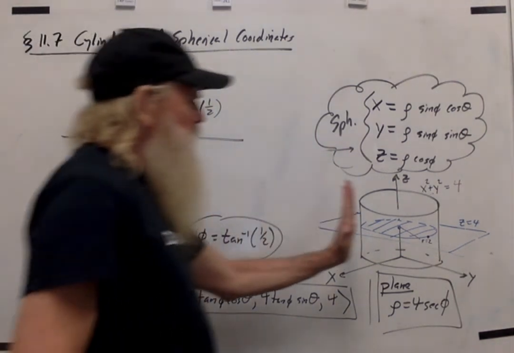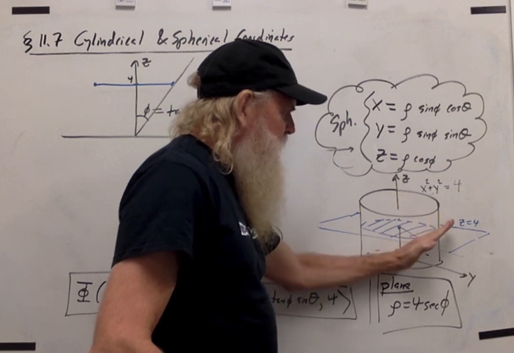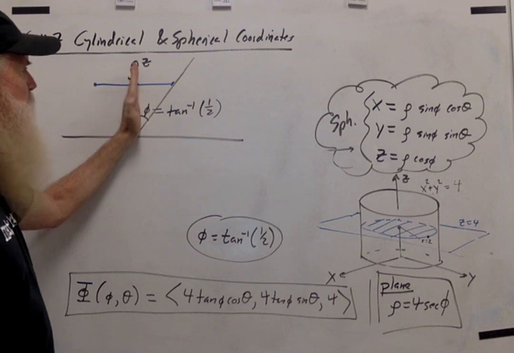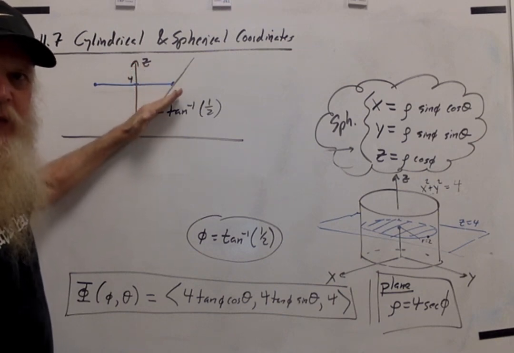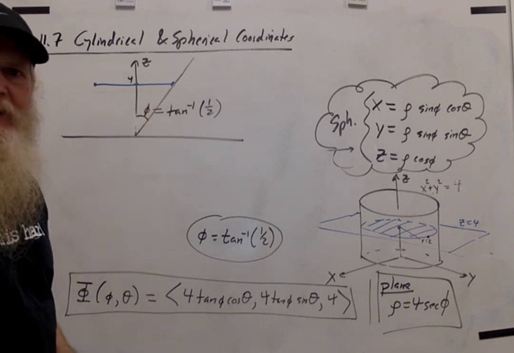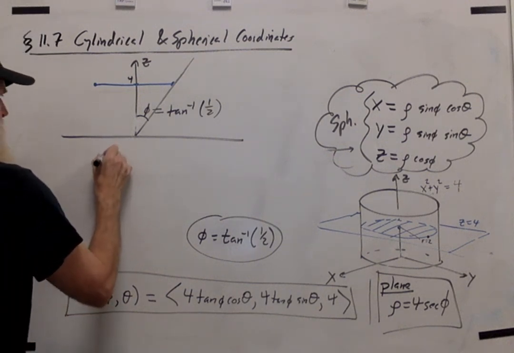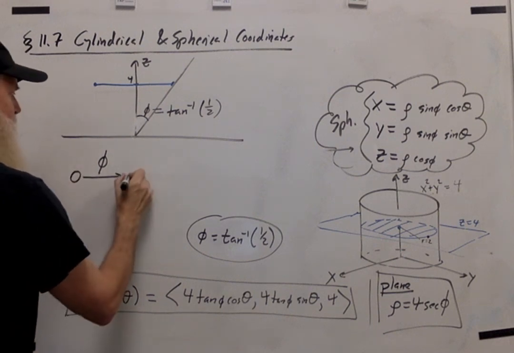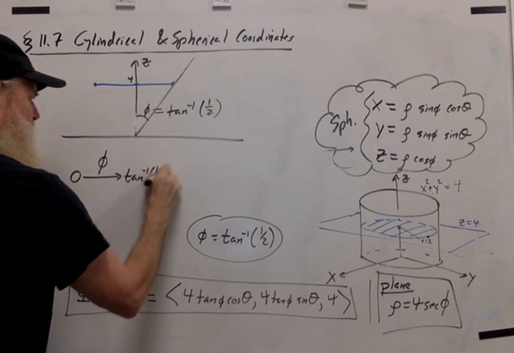So if I want to start out on the z-axis and then lean outwards until I get to the edge of the disk, then that's going to correspond with starting at phi equals 0 and continuing outwards until I get to phi equals arctangent of 1/2. So my bounds on phi, if I were to set up an integral, would be phi starts at 0 and stops at arctangent 1/2.